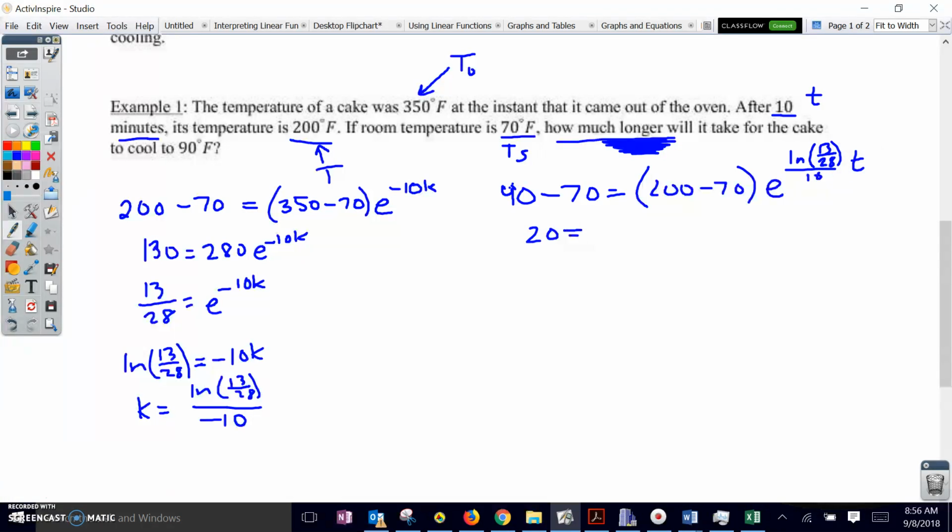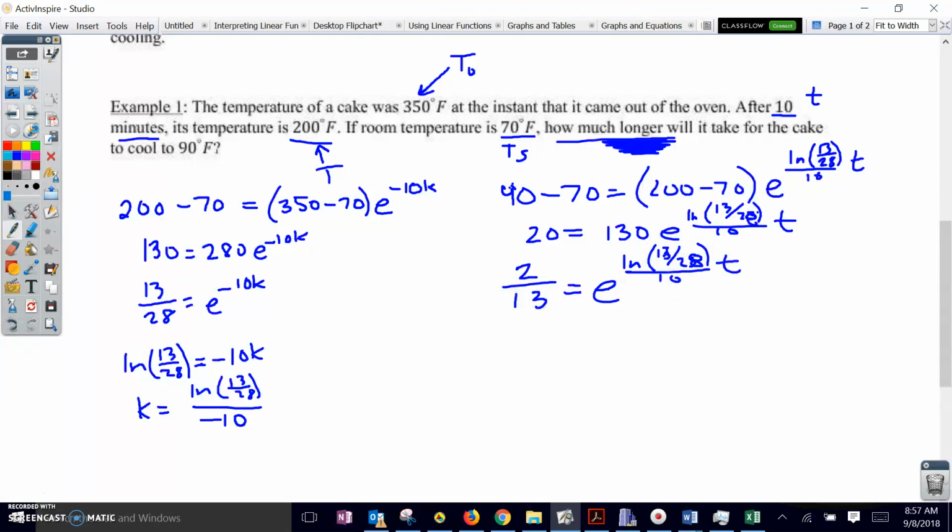So we've got 20 equals 130 e to that. A little hard for me to write small on here. So we've got 2 over 13 is equal to e to the natural log of 13 over 28, all that over 10 t.